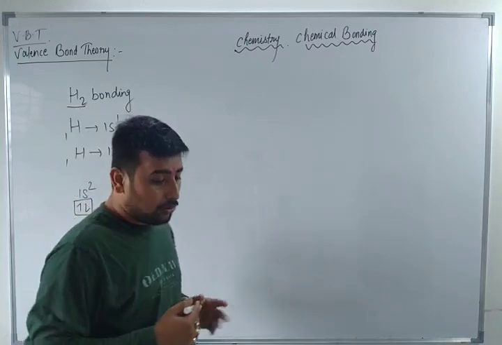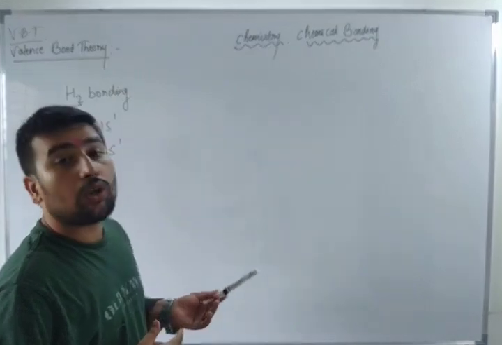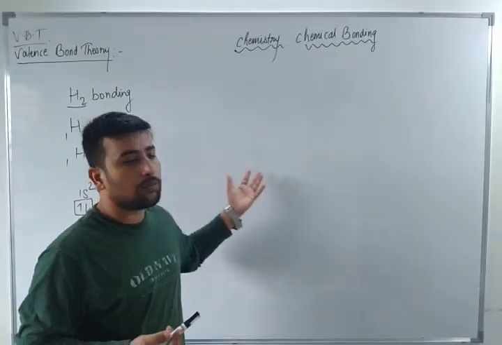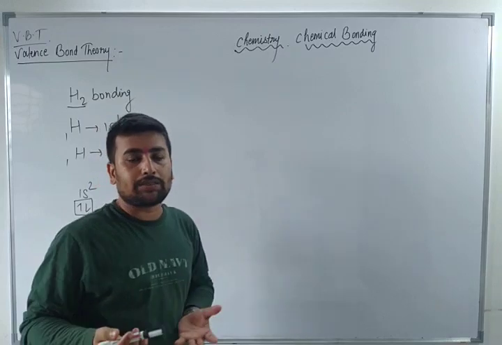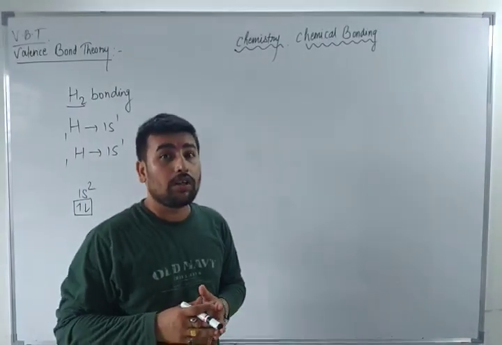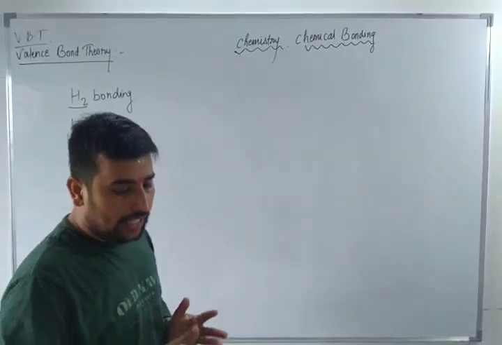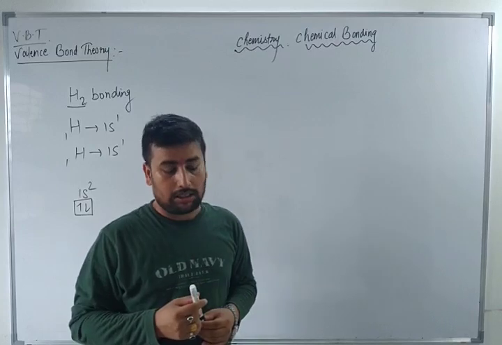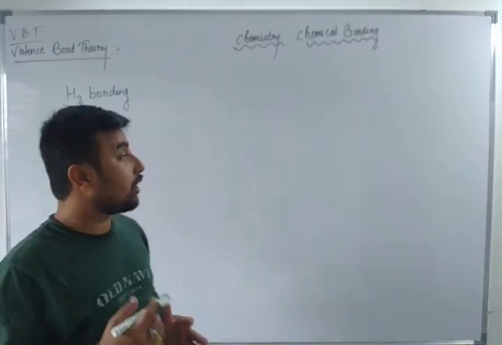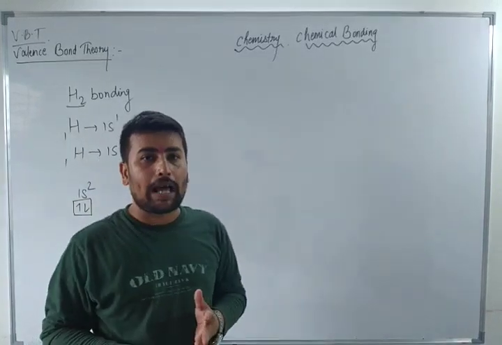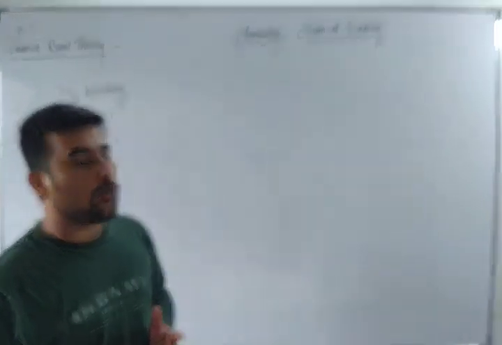Now if I talk about the overlapping of other atoms, for hydrogen it was 1s, so spherical. And how many types of overlapping are there? Positive overlapping, negative overlapping and zero overlapping. You must remember what is positive, what is negative and what is zero overlapping.